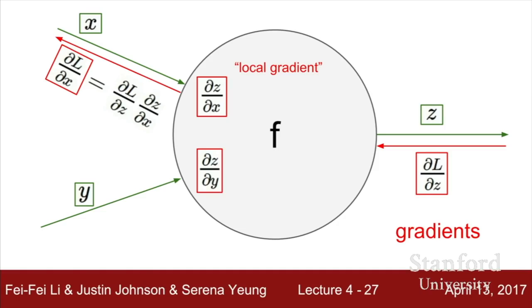So what you could do is you could recursively plug in all of these expressions, right? The gradient of z with respect to x is going to be a simple expression, right? So in this case, if we have a multiplication node, the gradient of z with respect to x is just going to be y, right? We know that. But the gradient of L with respect to z is probably a complex part of the graph in itself, right?